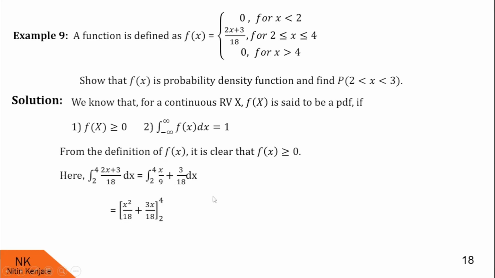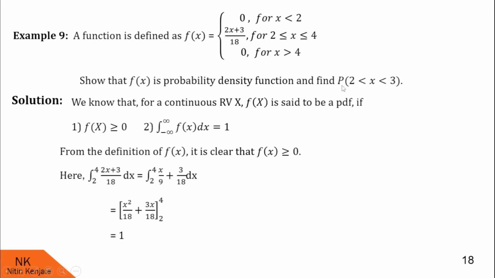Integral of x by 9 is x square by 18 and integral of 3 by 18 is 3x by 18. After substituting limits and simplifying, we get the integral of this f of x is equal to 1. So f of x satisfies this condition as well. Therefore, we say that f of x is a PDF.